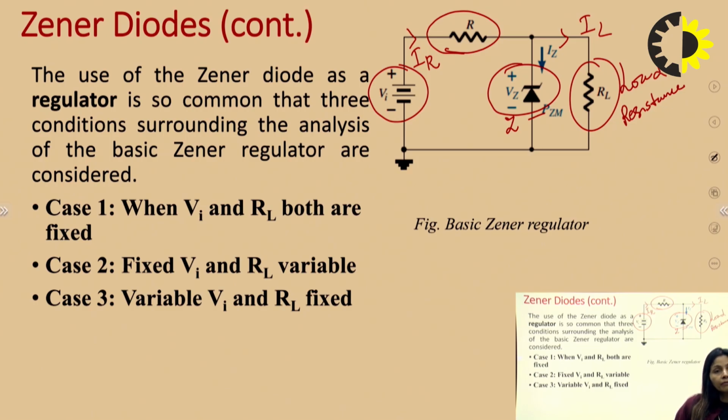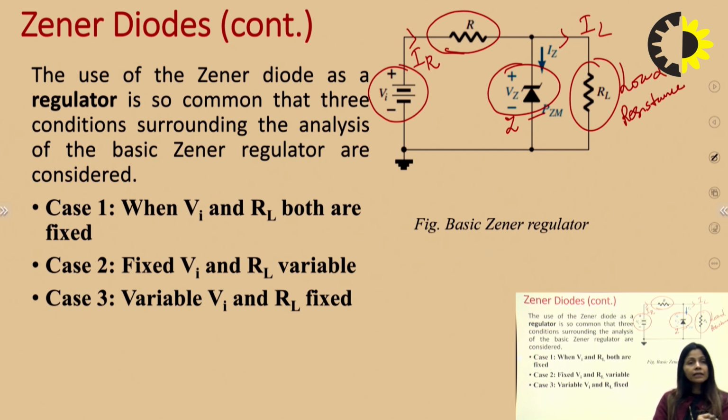Here we have three cases for Zener diode analysis. Three cases means the circuit would be the same, only the variations will be in the input voltage Vi and the load resistance RL. In the first case, Vi is fixed and RL is fixed, right?